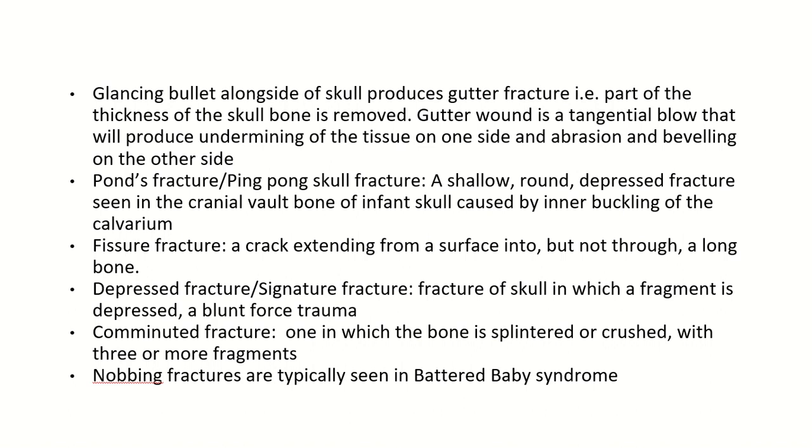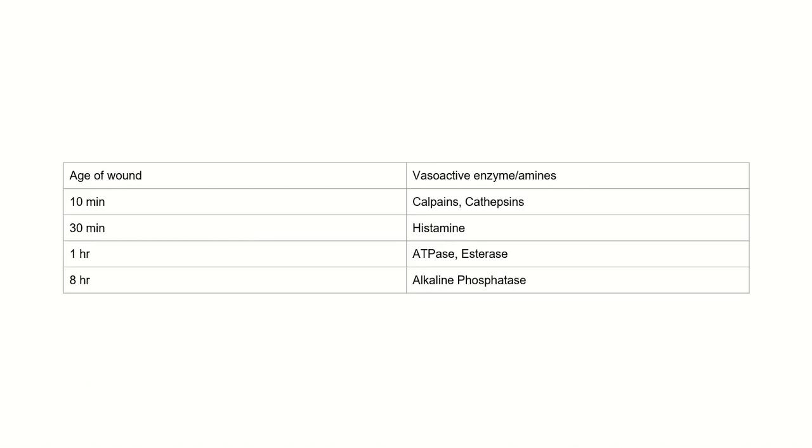Comminuted fracture, when a single bone is split into 3 or more fragments or is crushed. Knobbing fractures are observed in battered baby syndrome. Now the age of wounds and the vasoactive enzymes working on it.